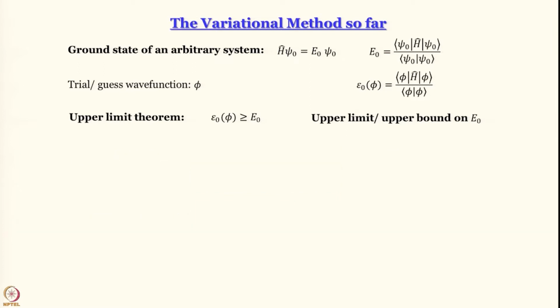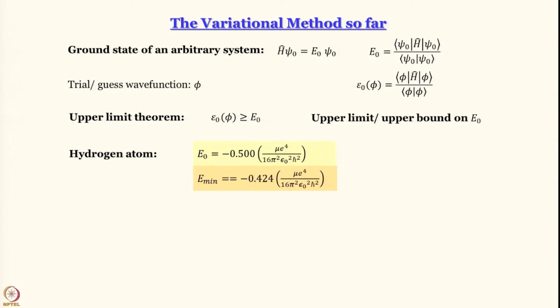I will not go over all the h psi equal to E psi kind of thing, but we have studied the upper limit theorem, we have used it, and I will show you the results once again to refresh your memories. For hydrogen atom, using the upper limit theorem, we have calculated an energy, and the peril of copy paste, the second equal to sign is still there.